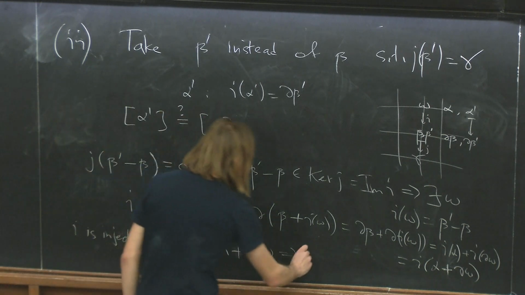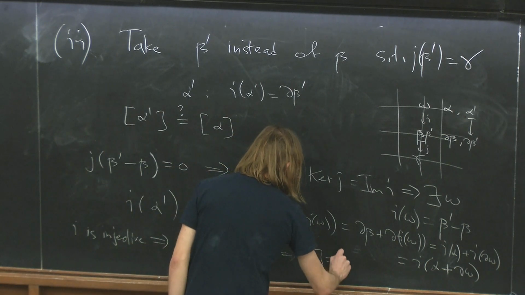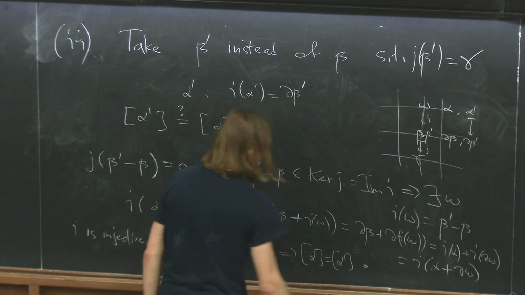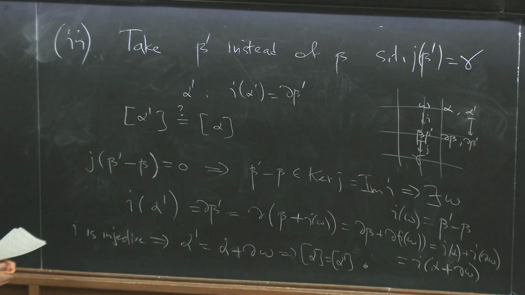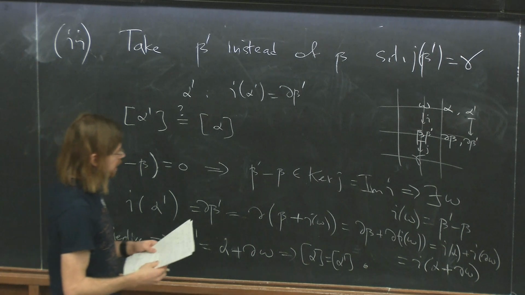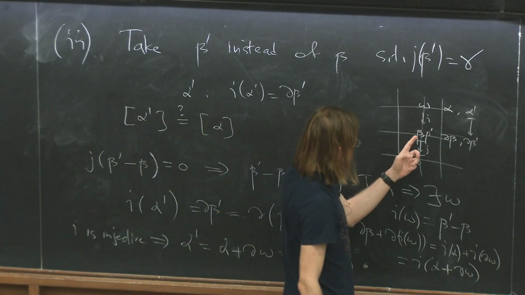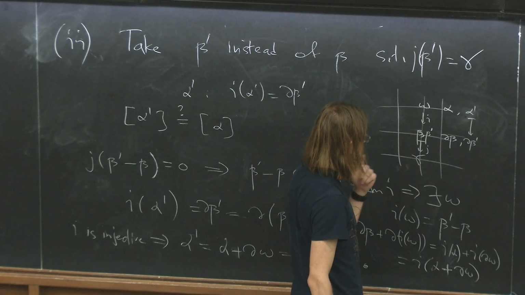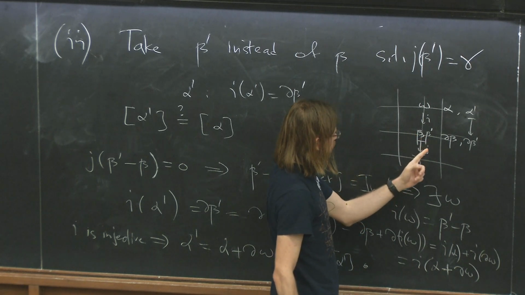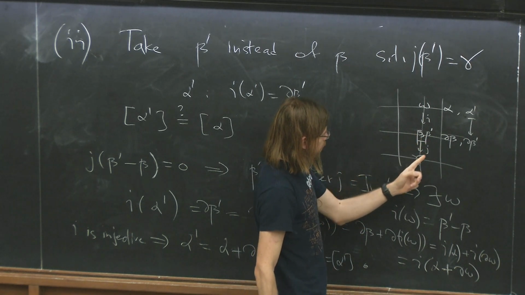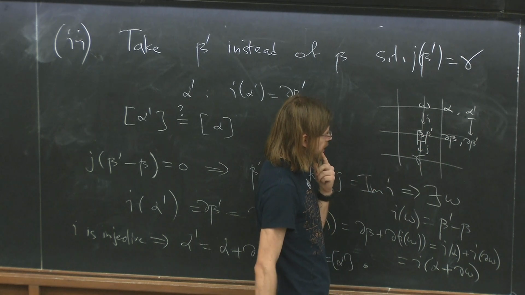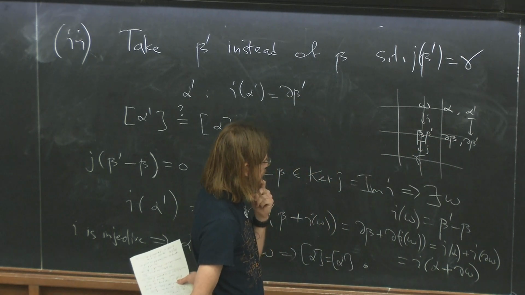This tells us that the resulting class is the same. Okay, so we checked that choosing a different image of gamma with respect to J, so choosing beta prime instead of beta, results in the same result.